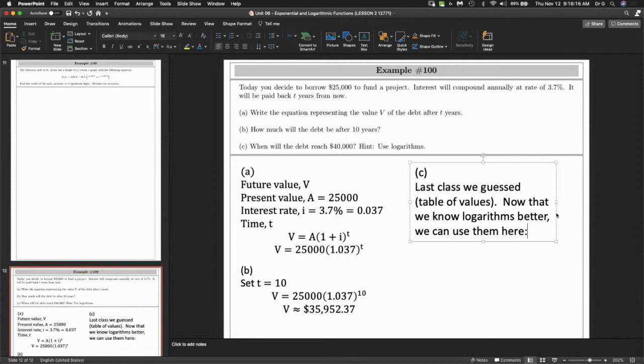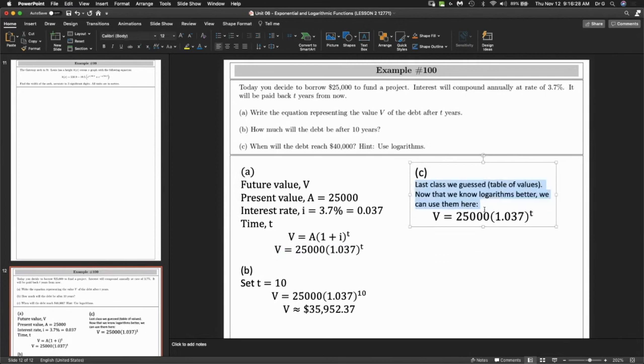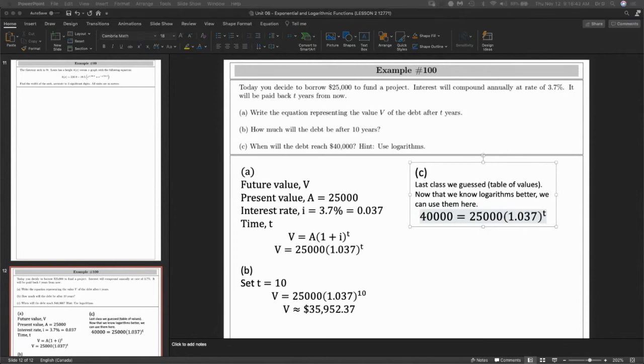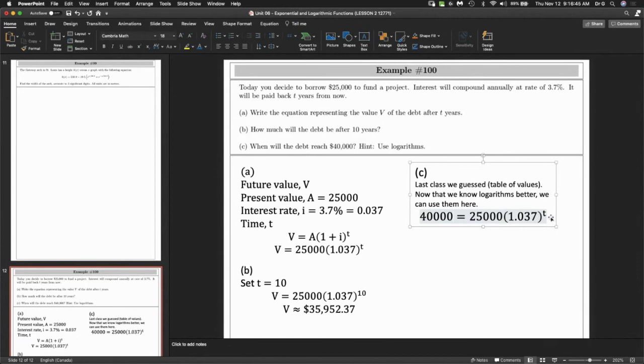So let's try to use logarithms here. Let's take this equation and plug in 40,000 for the value. We're going to simplify it a little bit first before we actually go and evaluate a logarithm. Let's divide both sides by 25,000.